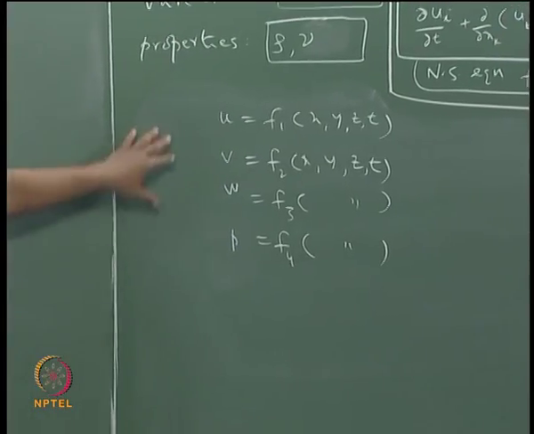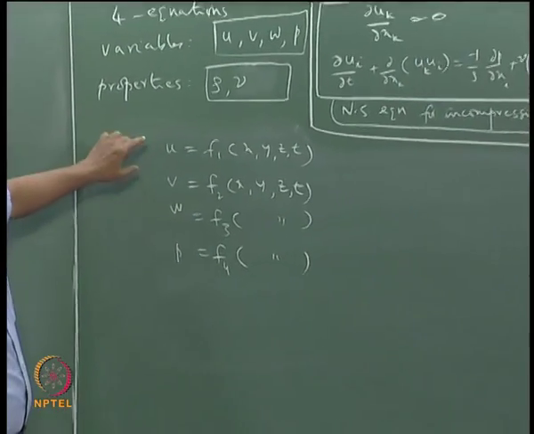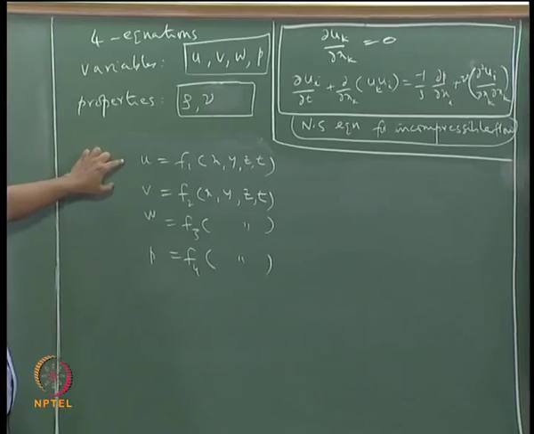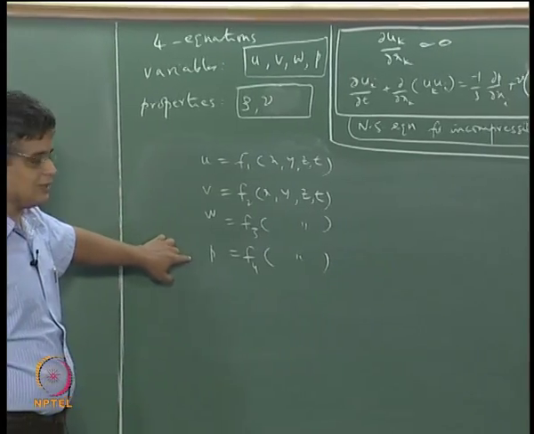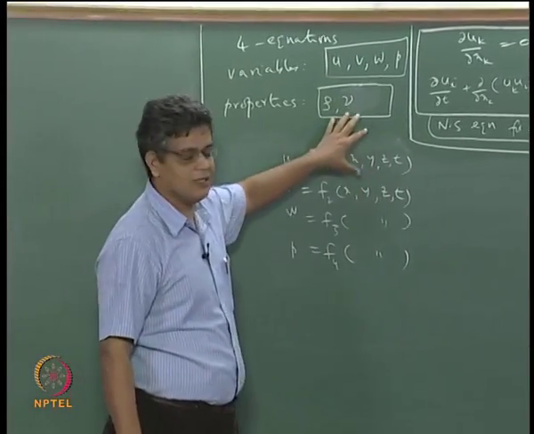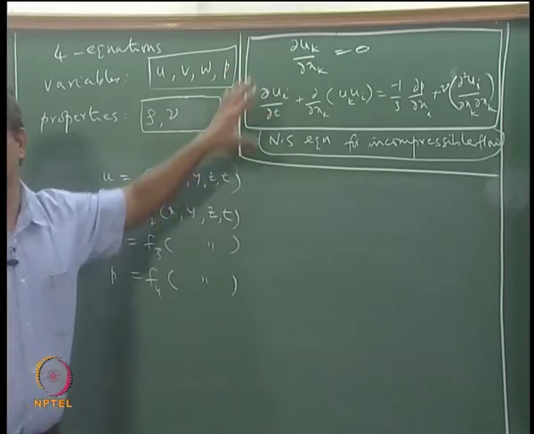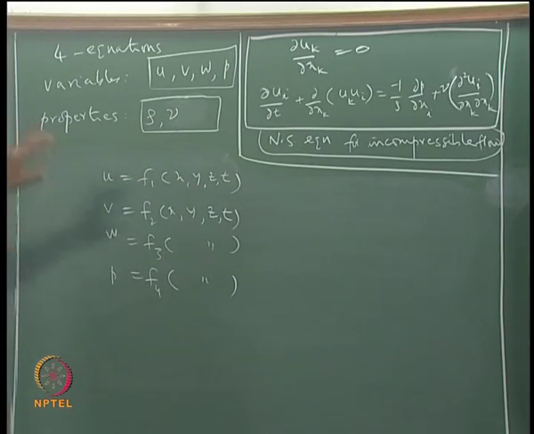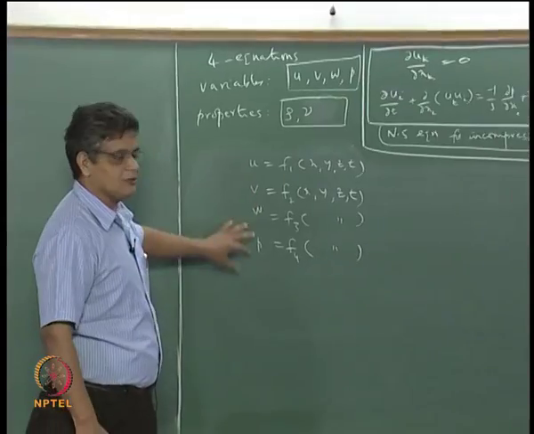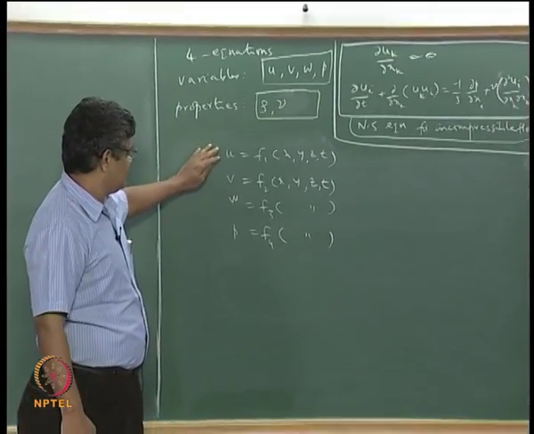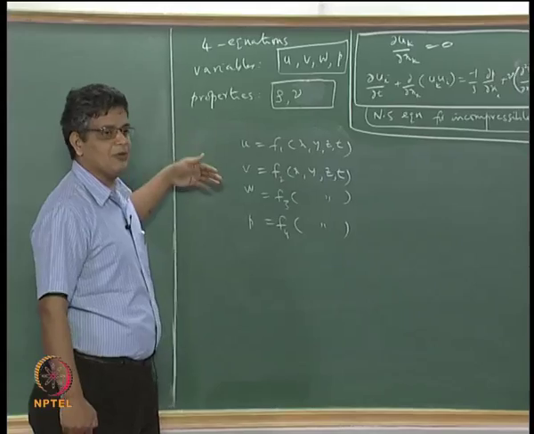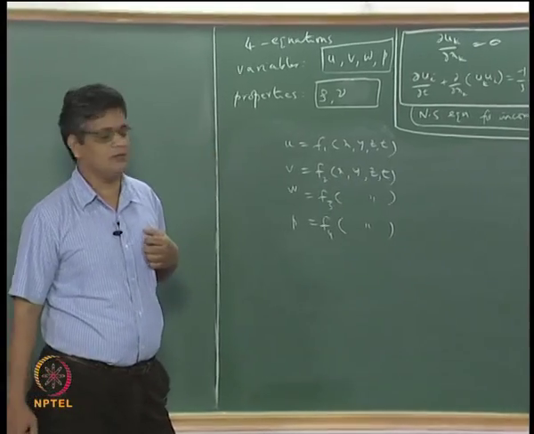Okay. And in that sense, the information of how the flow variables, that is the 3 velocity components and pressure, vary within the flow domain is contained in these equations, and if we solve these equations, then we should be able to predict the flow variables at any point and every point within the flow domain of interest.